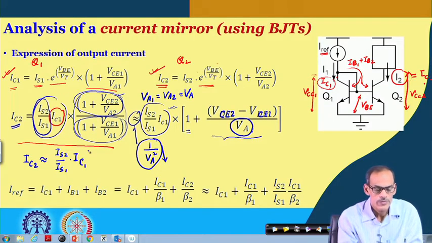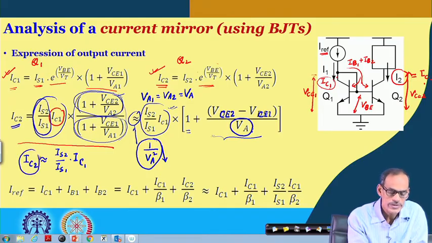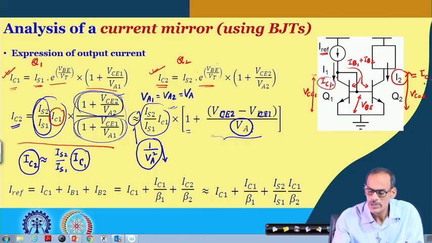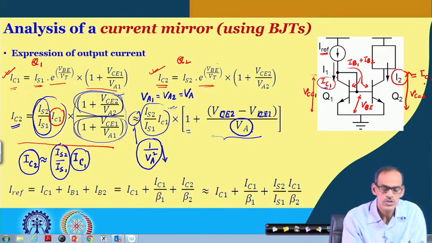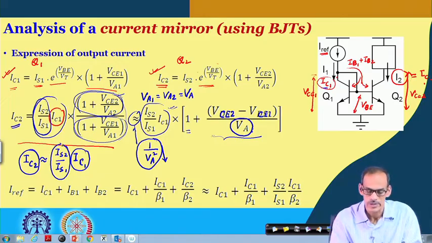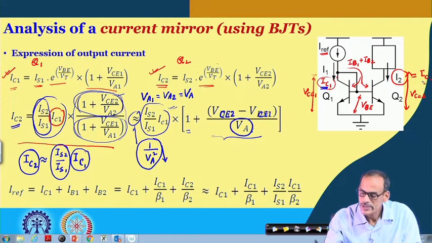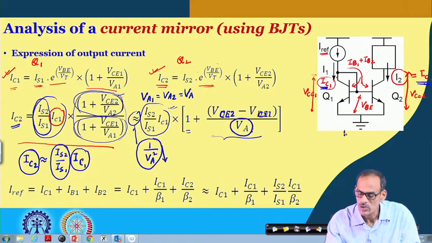Now, if you see here, the expression of this current primarily depends on whatever collector current we have here, multiplied by the ratio of their reverse saturation currents. So, whatever current we have is getting reflected, or mirrored, there by the mirror ratio of IS2 divided by IS1.